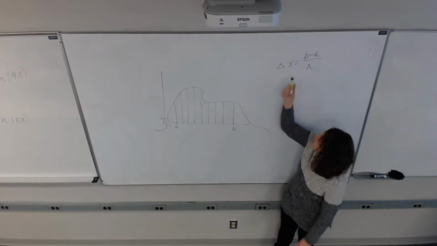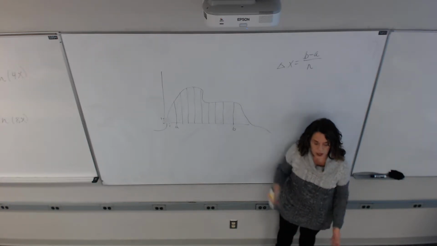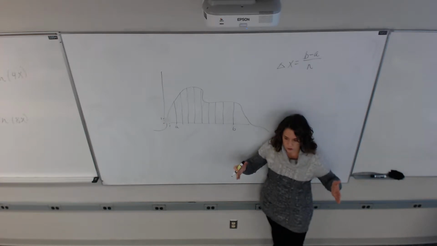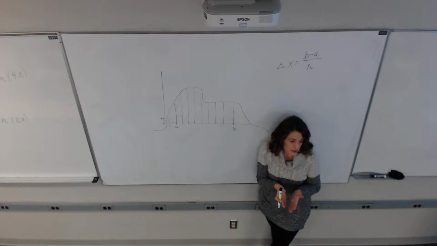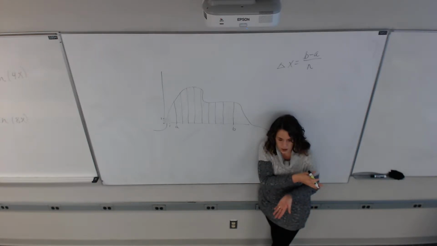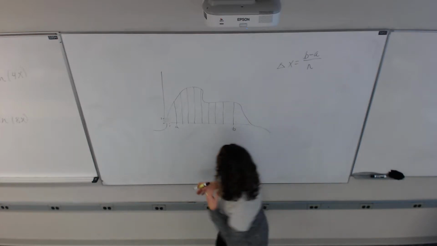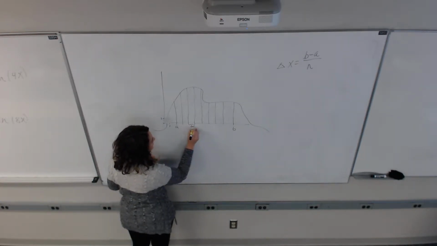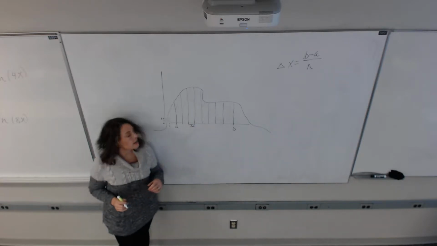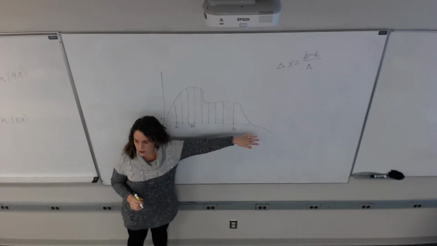So this is the width of a regular partition. You take the length that you're trying to find the area under, B minus A, and you divide it by the number of partitions, the number of cuts you made, all right? This is how wide each box is going to be. But the next thing they had to do was deal with this irregular top.